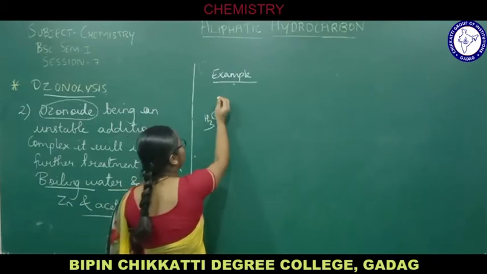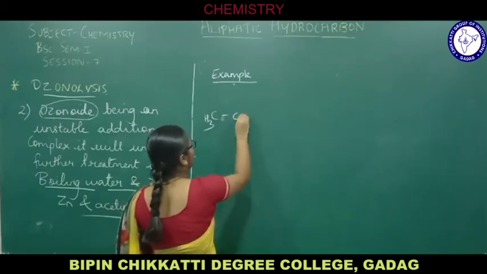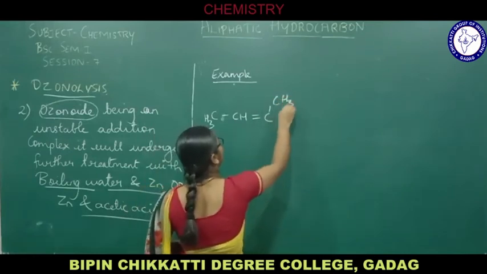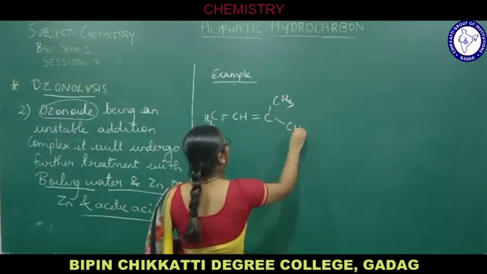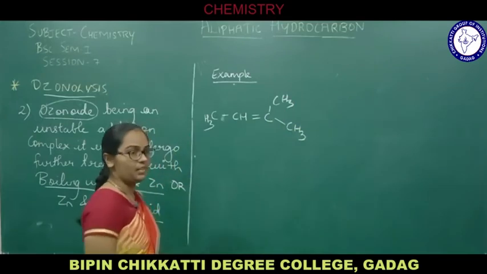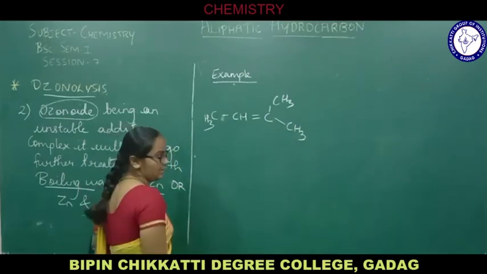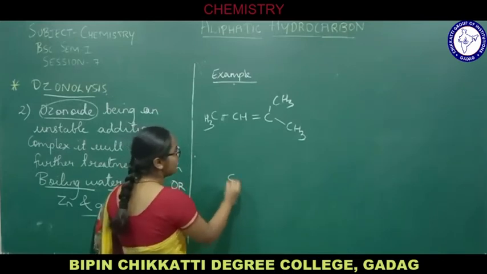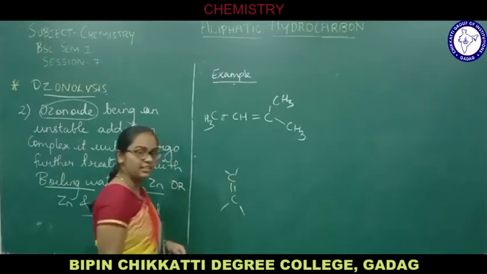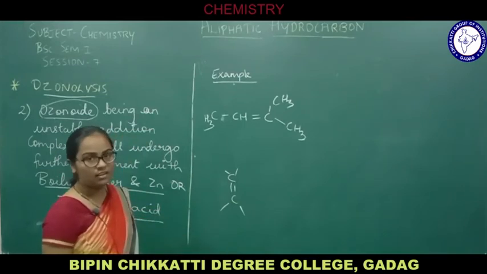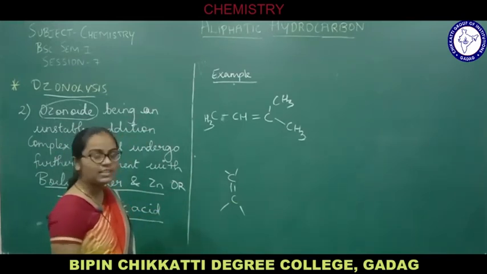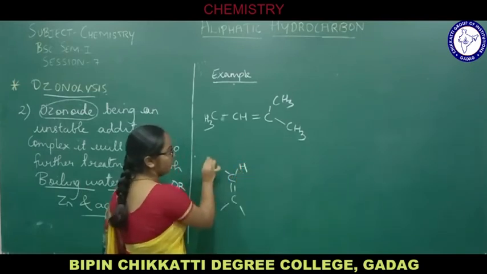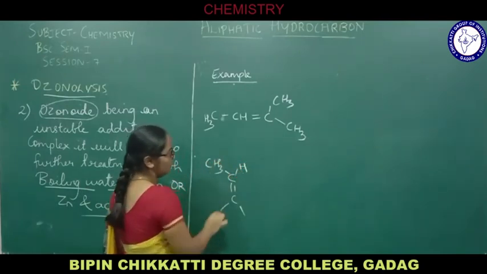CH3, a molecule which I'm going to consider over here. So this is an alkene, and the name of this alkene will be as such. It's very simple, children. If this is the general formula, the functional group for the alkene, in place of this hydrogen I have simply substituted the methyl groups.